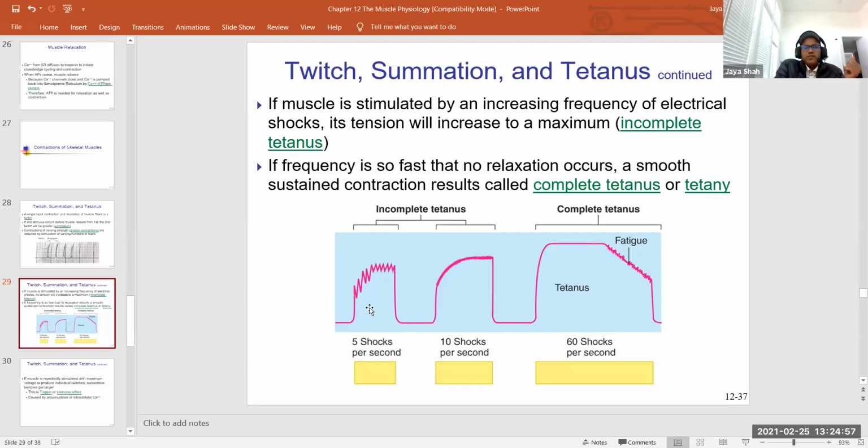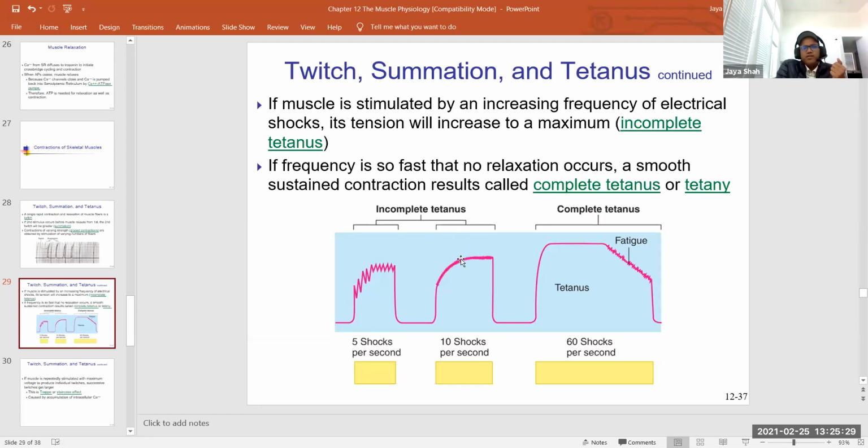So you see here, there is an impulse when you do a muscle myogram or muscle contraction exercise. When you give the first twitch here, you have the first twitch, a little bit of relaxation, second twitch, third, at 5 shocks per second, and then you increase. Now you give 10 stimuli per second. You see, there is no relaxation.